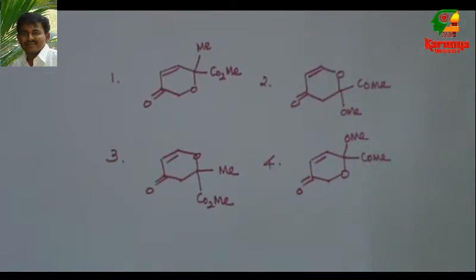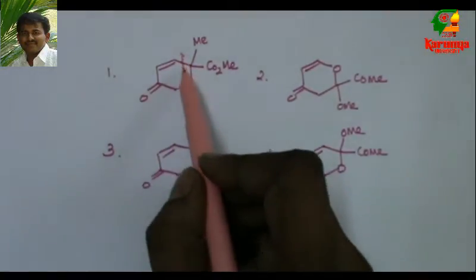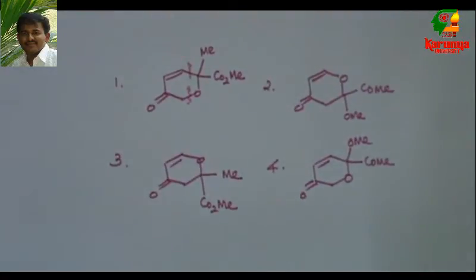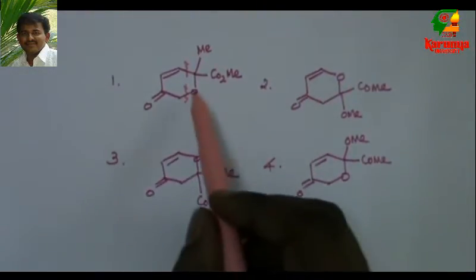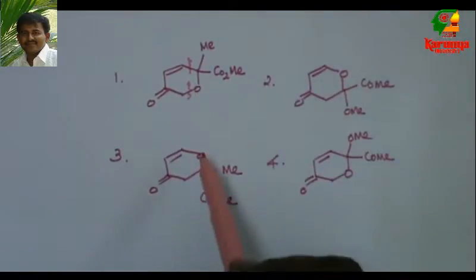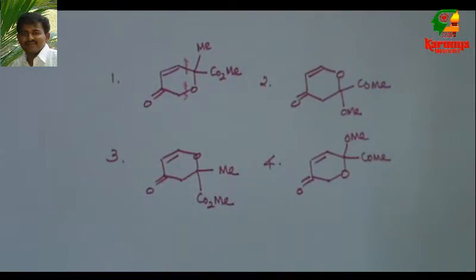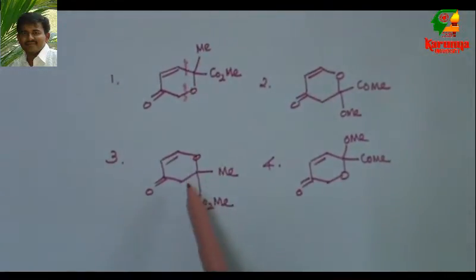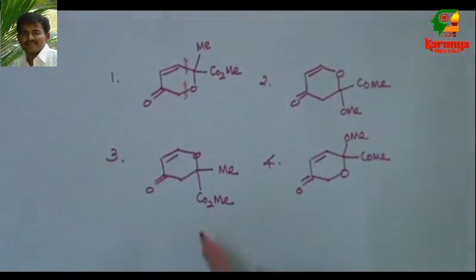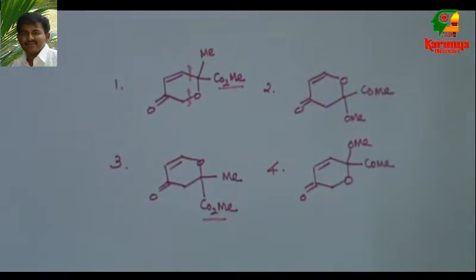From the given options, it is very clear that it undergoes 4+2 cycloaddition. Since this oxygen is from pyruvate, it is hetero Diels-Alder reaction. You can see here these two look similar, CO2Me, CO2Me, but they are regioisomers.